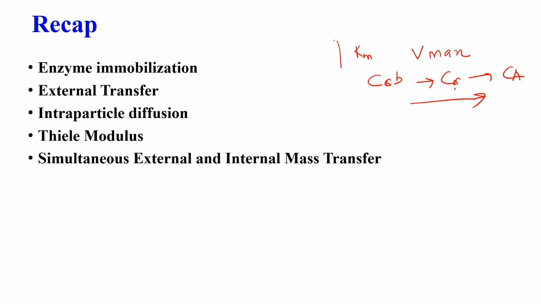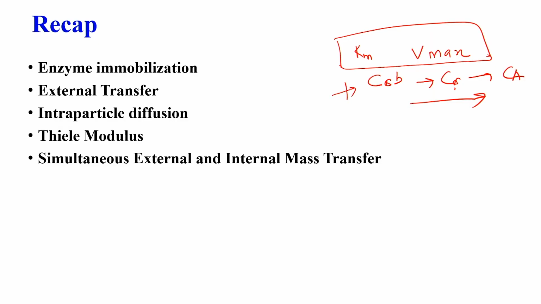So, the first part says there is a change in the catalytic property of the enzyme due to entrapment or immobilization, and the second part says there is a mass transfer resistance. This mass transfer resistance we discussed as two types.